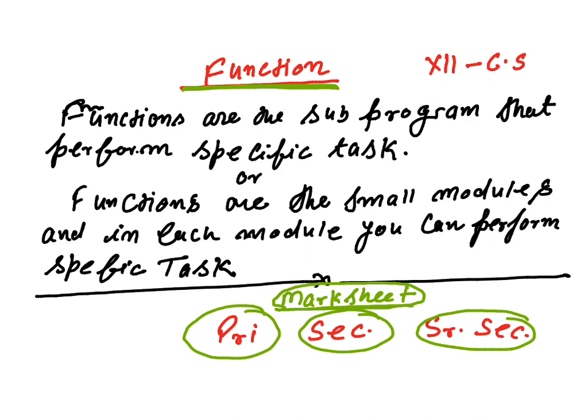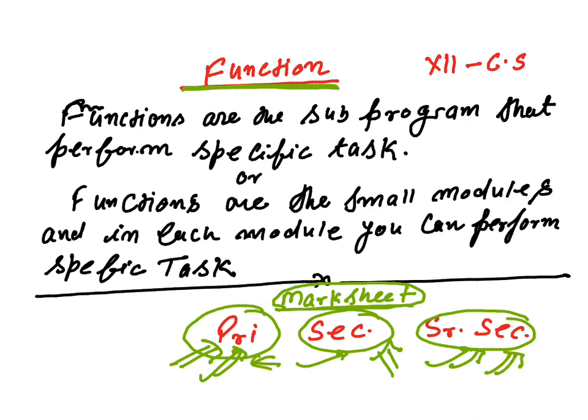In this way, what will be the benefit of it? Suppose some problem is there in the primary section, so we can update or edit the primary section. It won't affect anything in the secondary and senior secondary. In a similar way, when you update the secondary, it will not affect the primary section as well as the senior secondary section.